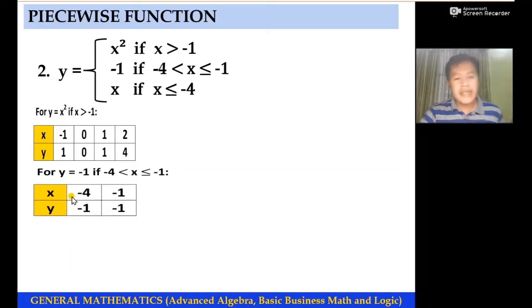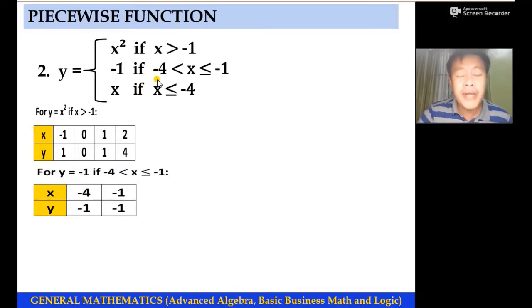This is a separate table wherein, take note, you are going to consider only the two abscissas here. -4. Take note, -4 is less than -1. -4 must be on the left side and -1 must be on the right side. Constant function is a line. Therefore, you need only 2 points.